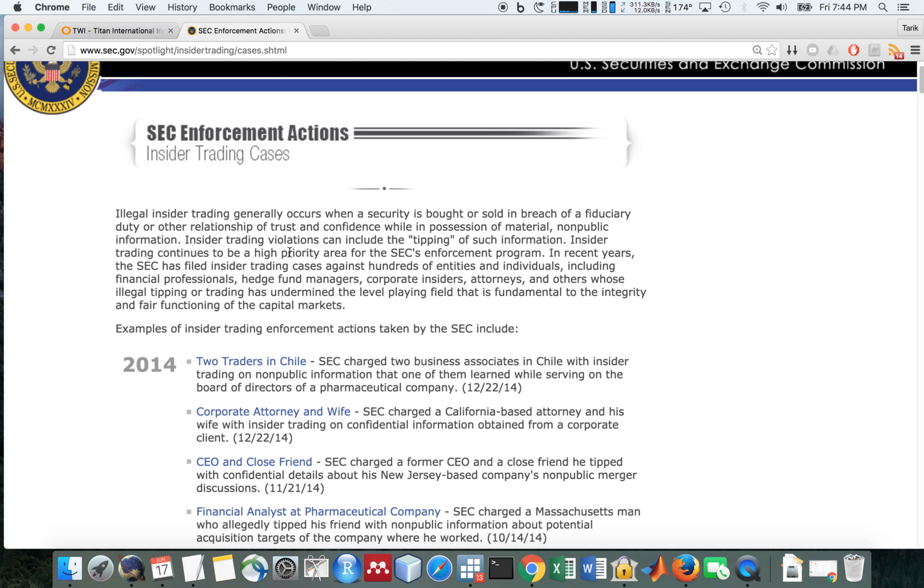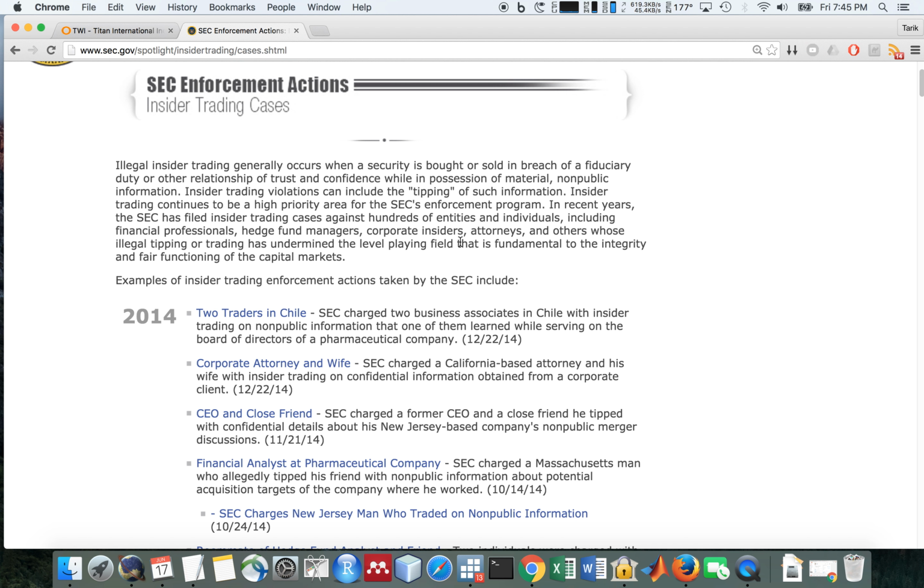Insider trading continues to be a high priority area for SEC enforcement, and as a side note, they are nowadays using automated methods to mine the vast amounts of trading data that happens every day for evidence of insider trading. In recent years they've picked up their pace and they've been filing claims against more and more people.